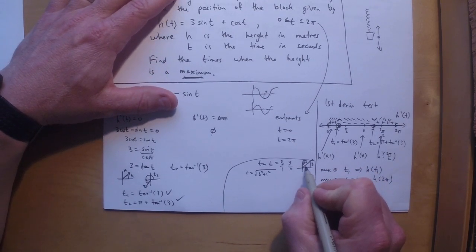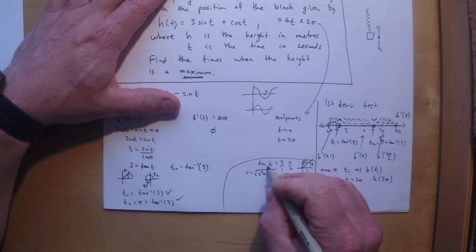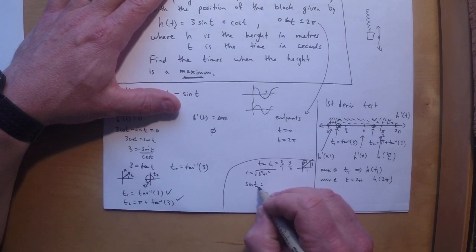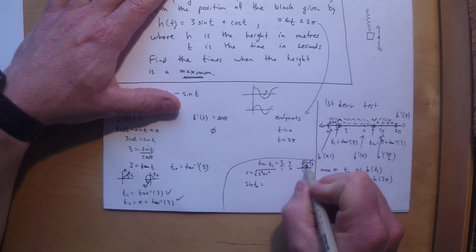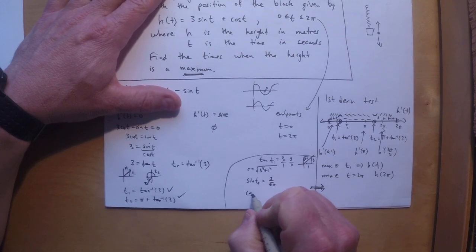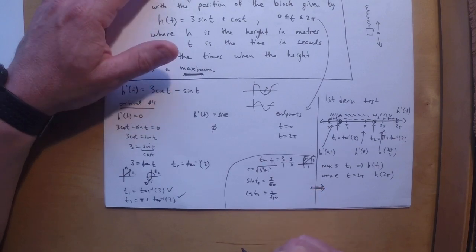So I actually know, sitting at that picture there, if this is T1, I know sine of T1. Sine of T1 is 3 over root 10. Cosine of T1 is 1 over root 10.